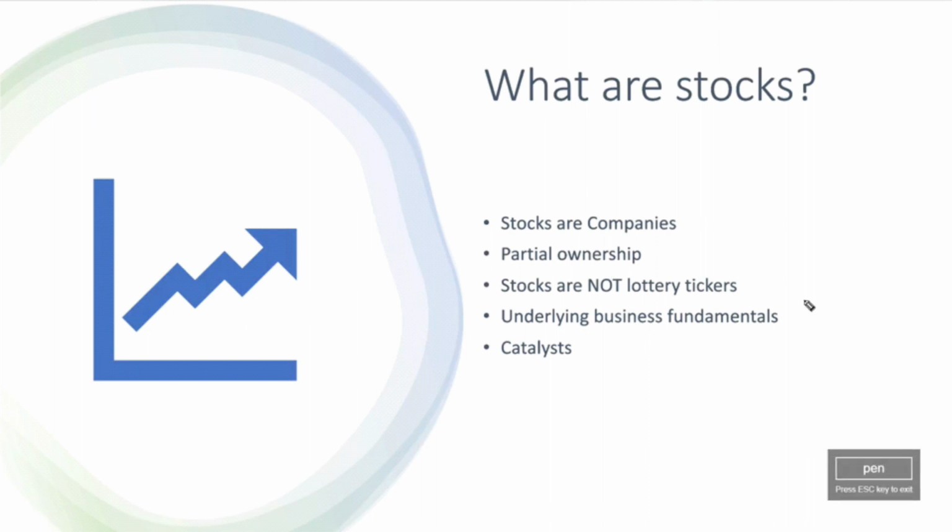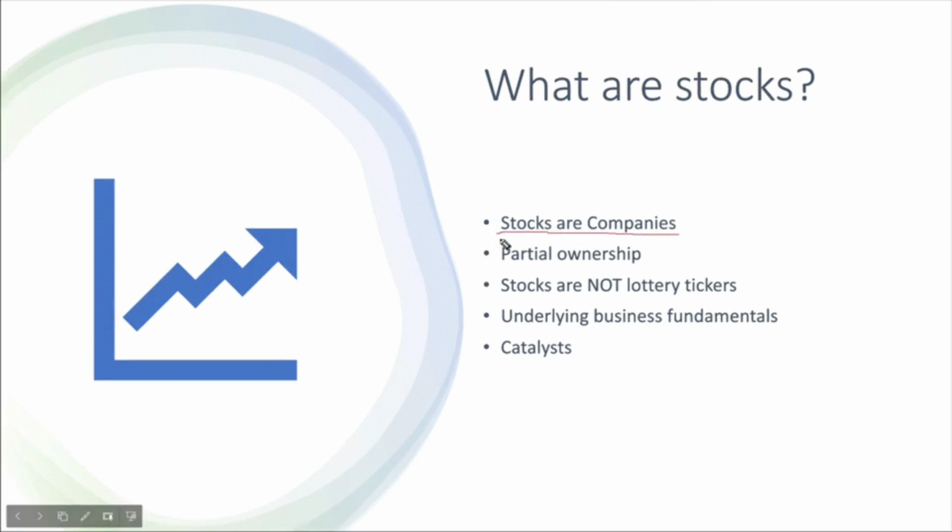And this is the first big topic, because it is important not to forget that when we buy stocks, we don't actually buy stocks. We buy a partial ownership in a company, which means that you own part of the company. And stocks are not lottery tickets. That is why it is important to look at the underlying business fundamentals.